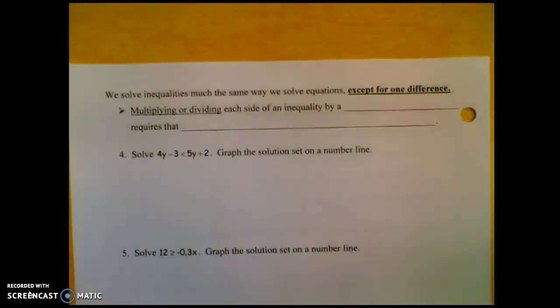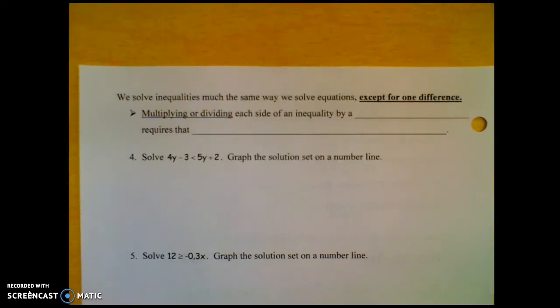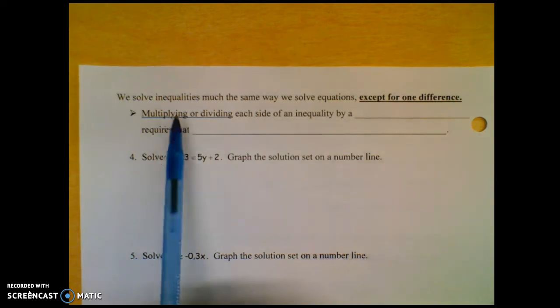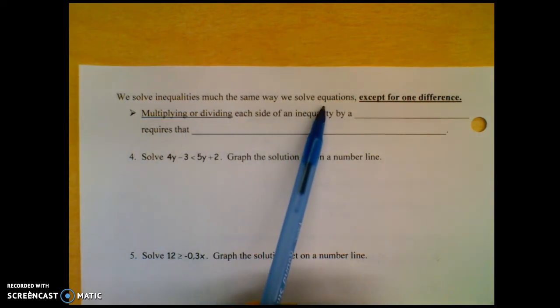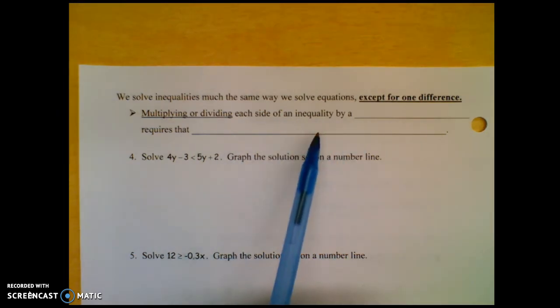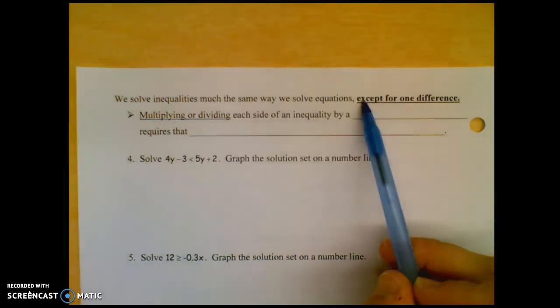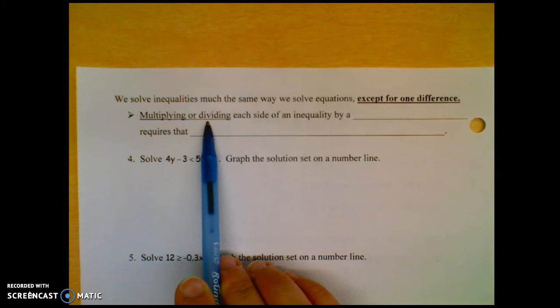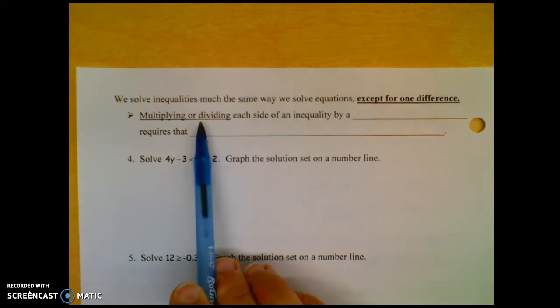Okay, now we are going to solve a couple. So we solve inequalities the same way that we solve equations. We use our adding on both sides, subtracting on both sides, all the same properties, except for one difference. When you are multiplying or dividing, you have to watch out.